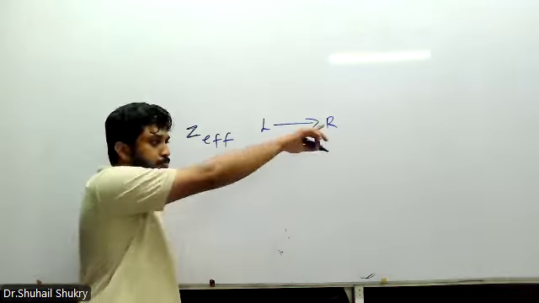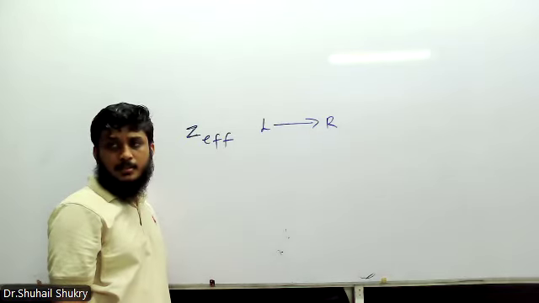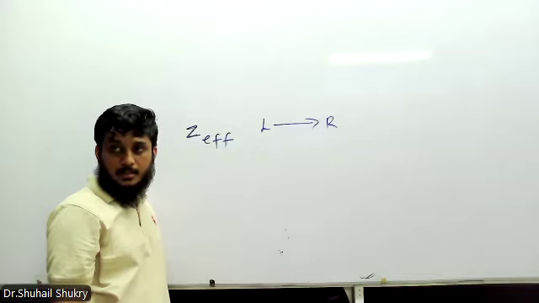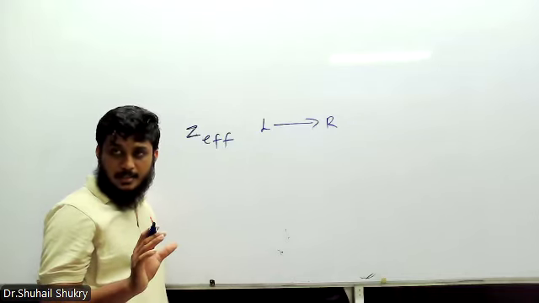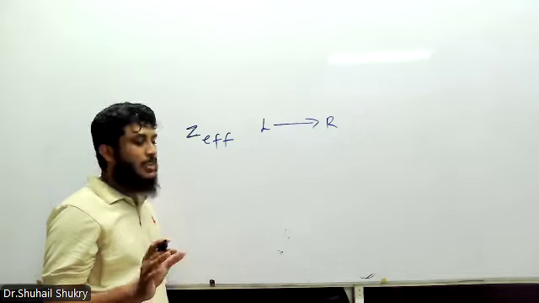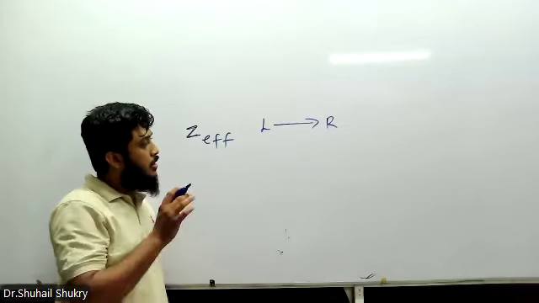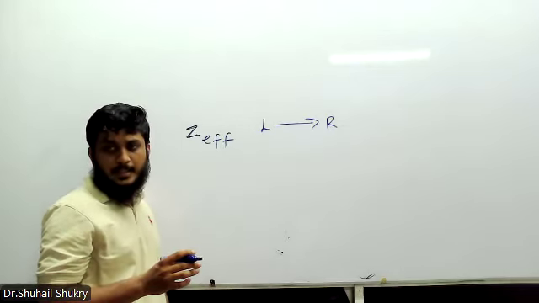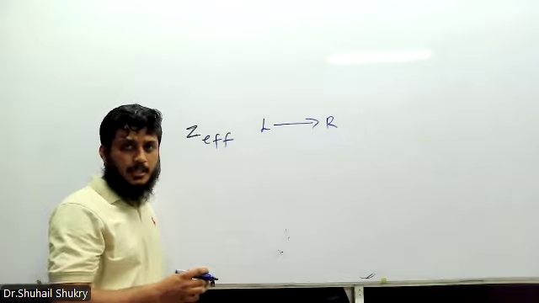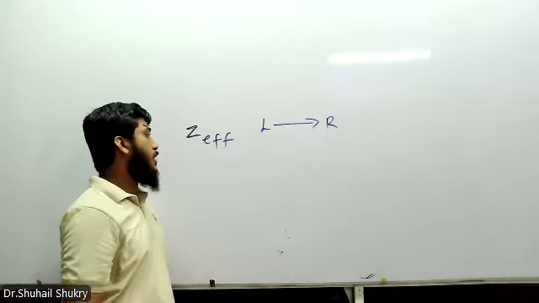In the same orbit, the shielding effect is constant and negligible. But protons are increasing. So what will happen to the effective nuclear charge?